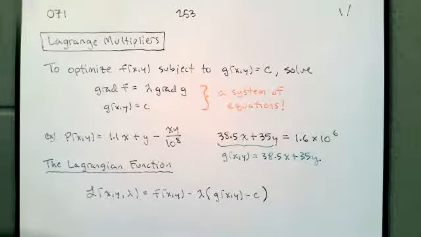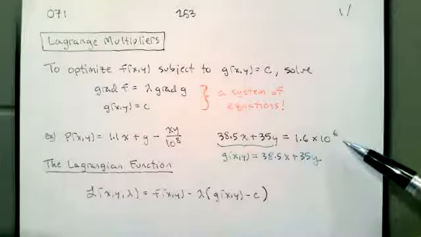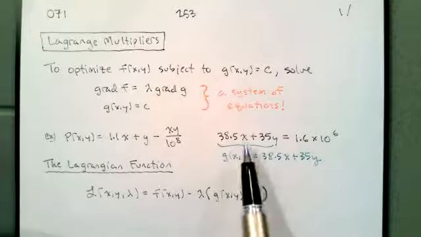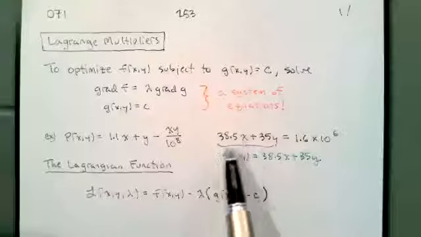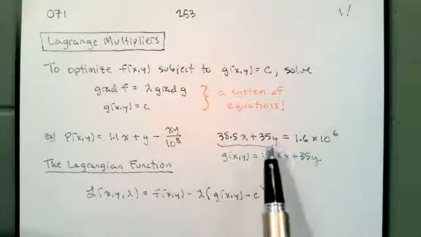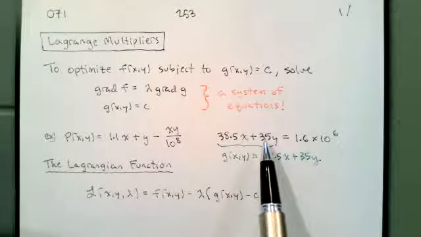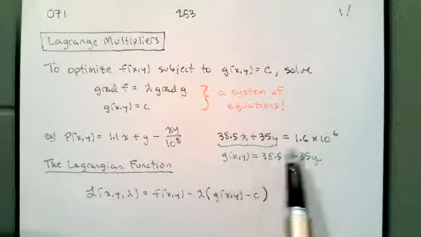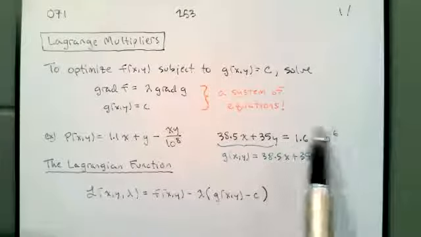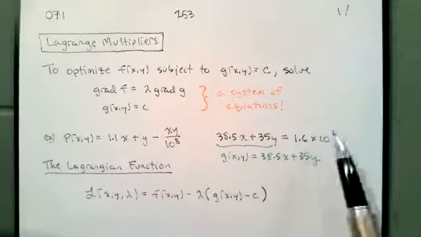So what this equation is telling us, here's our $1.6 million budget. That's our constraint. And here we are buying x sacks of rice at $38.50 per sack and y sacks of beans at $35 per sack. So that's where this function comes from. Our constraint is money.